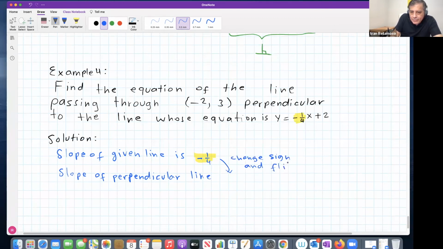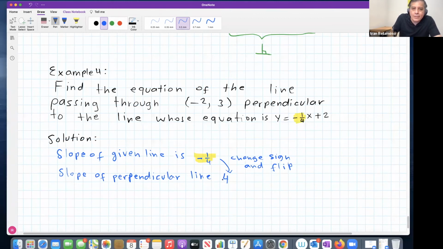Always these two things. Yeah, Jack, you got it. Excellent. When you flip, this will be 4/1, which is 4. And when you change the sign, it should be just 4. Change the sign and flip: 4.